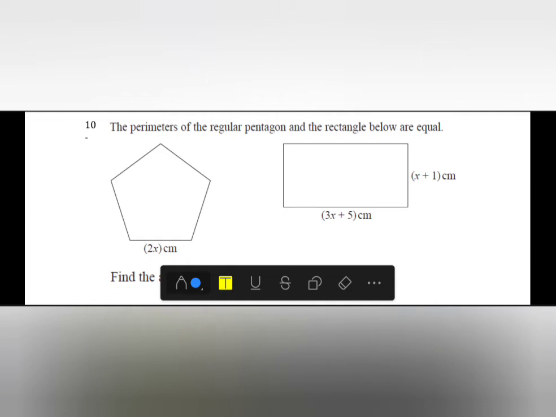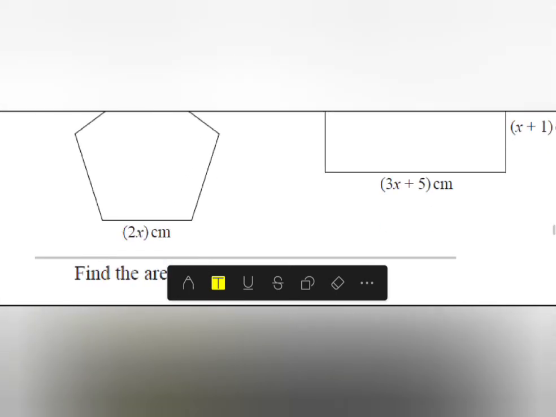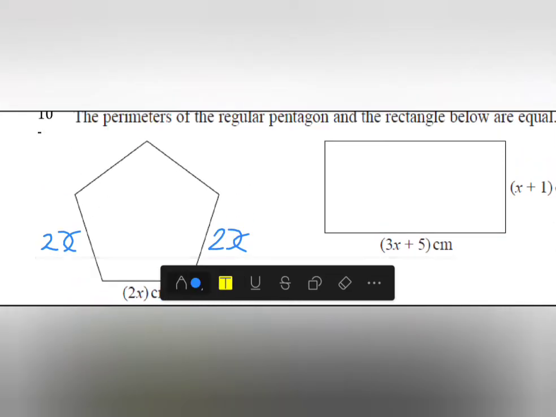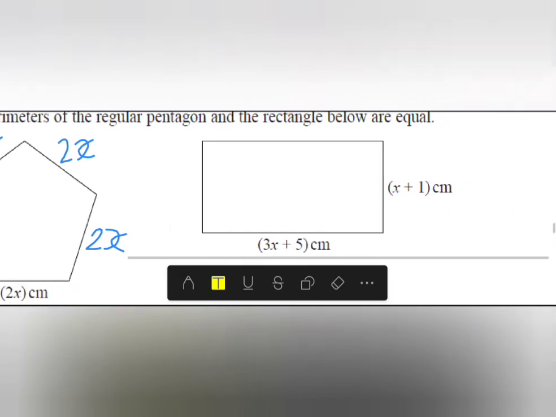Let's do it together. First, let me show you that this is a regular pentagon. So a regular pentagon has the same sides. So if this is 2x, all of them are 2x. So we write them here, 2x, 2x, 2x, and 2x. Same idea for the rectangle.